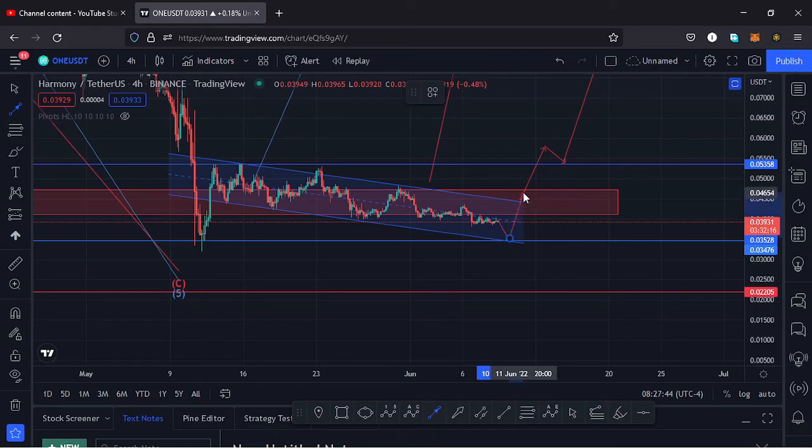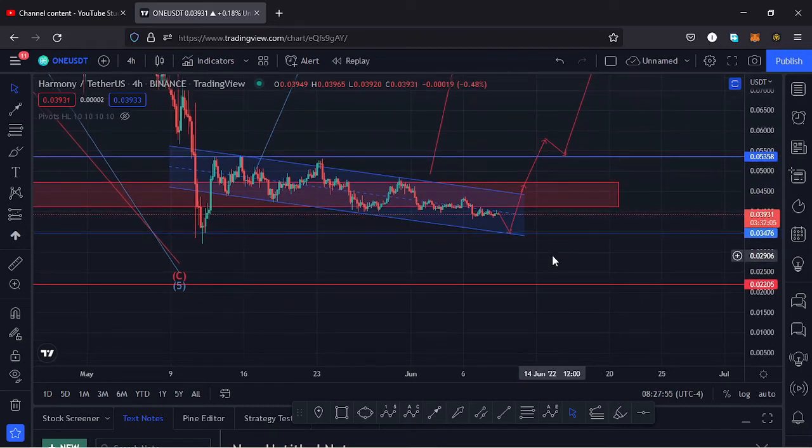Once we break above it, the scenario that I explained first can then play out, and we might go to around the $0.05 mark. You can see that move is possible because even on the indicators there's room for us to have such a move. So those are the key scenarios that I expect to play out on this chart.